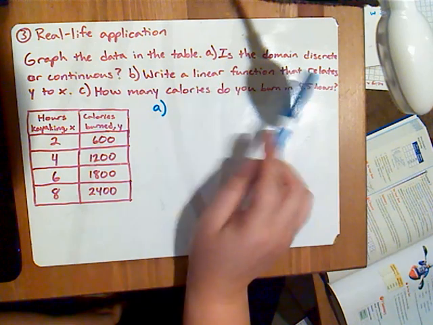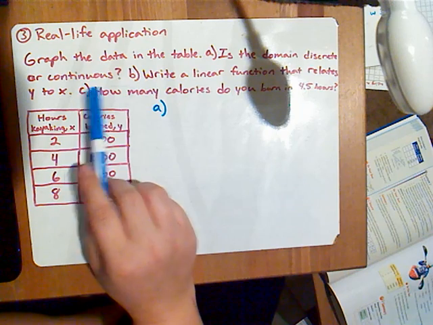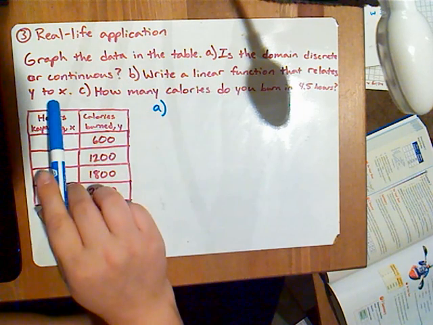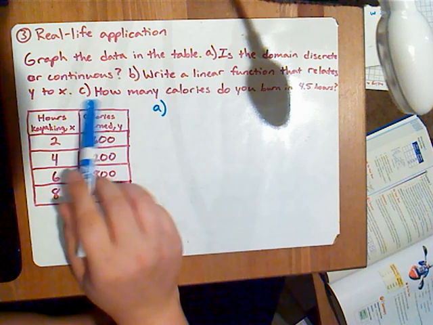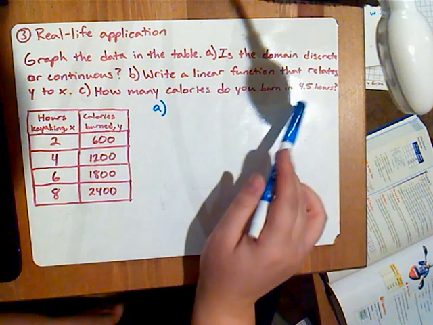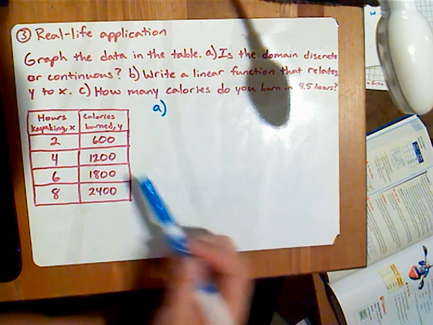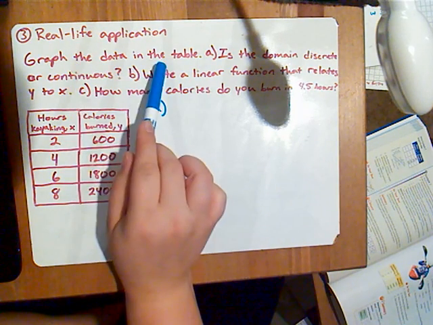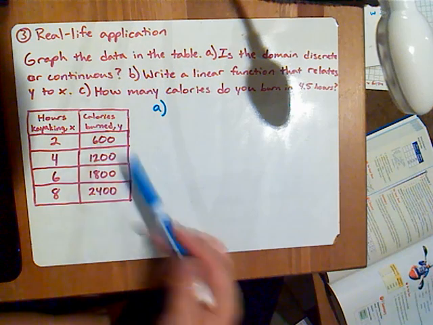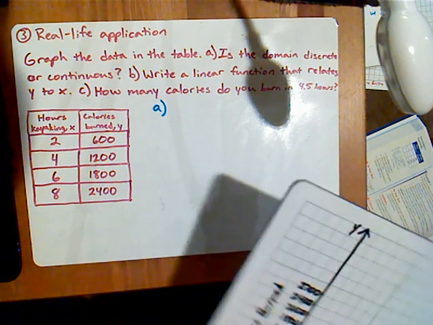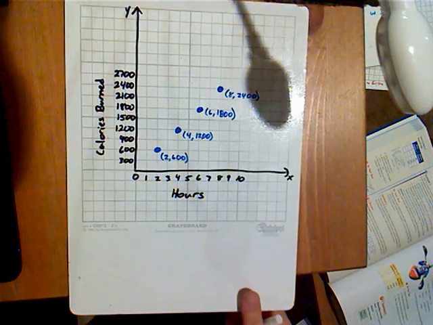So it wants us to first, answer A, is the domain discrete or continuous? And then B, write a linear function that relates y to x. And then finally, with C, how many calories do you burn in 4.5 hours? So the first thing that we need to do is graph the data that is in the table. So we graph our data.